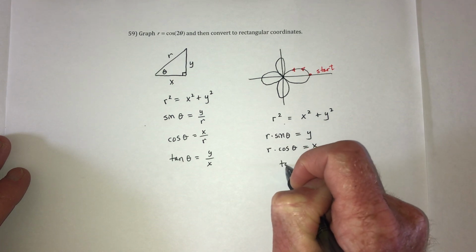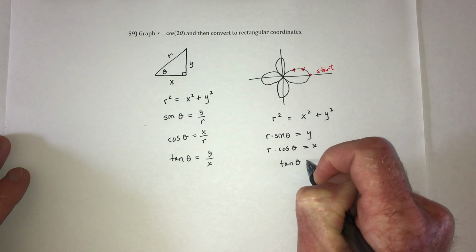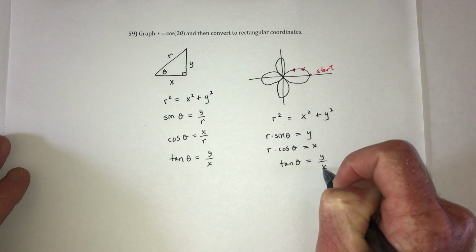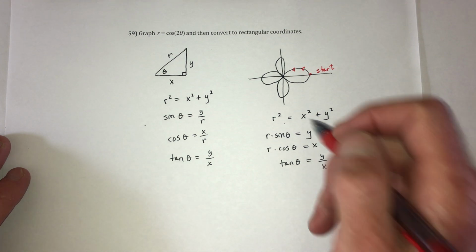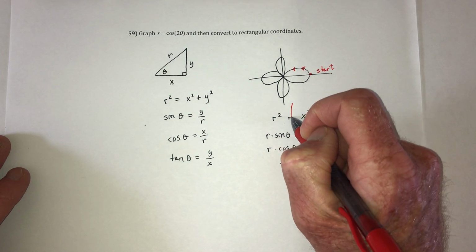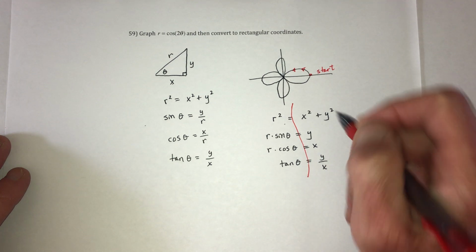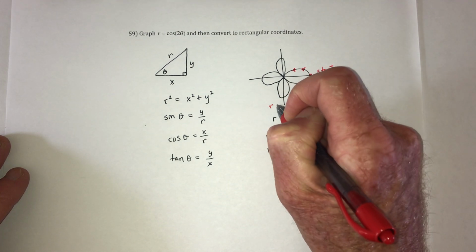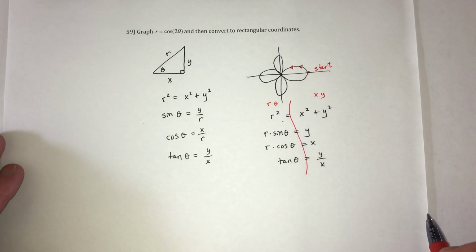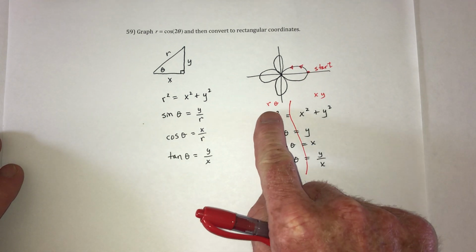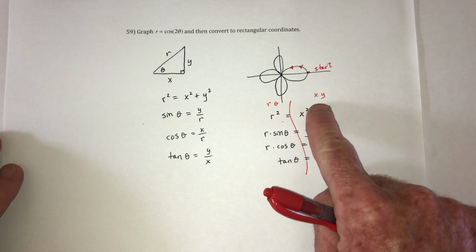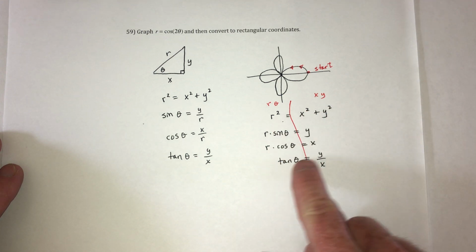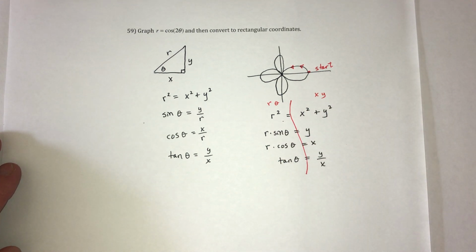And the bottom one doesn't change. So writing it this way basically separates the two systems. This is the x, y system, and this is the r theta system. So if you're bilingual, this is one language, and this is the other language, and this is the little key to translate between the two languages.